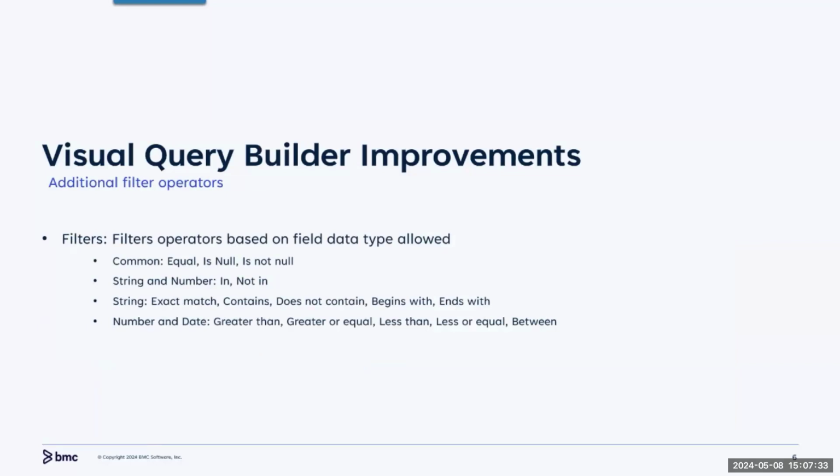Additional filter operators, so the ability to add some common filter operators that are required: is null, not null, and so on. For strings, you can do matches like exact match or something like contains, does not contain. Again, quite similar to Excel functions, quite similar to writing functions on databases.